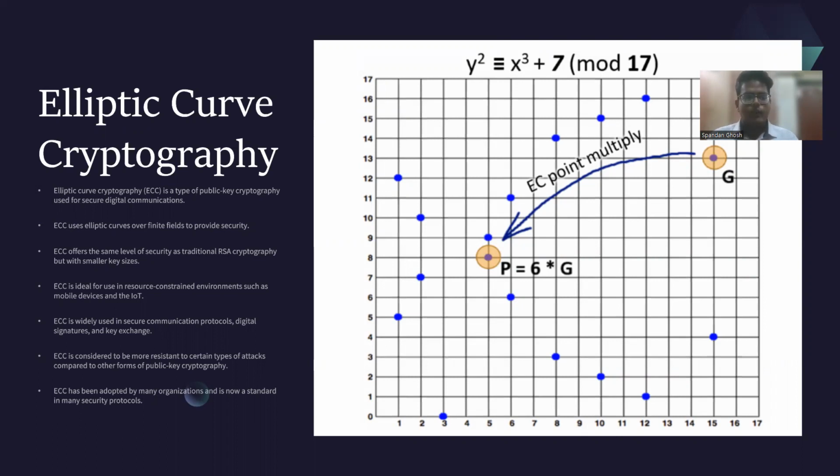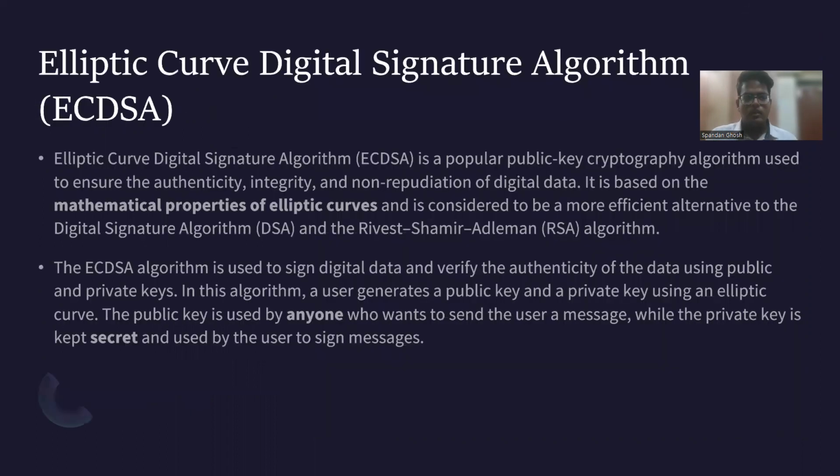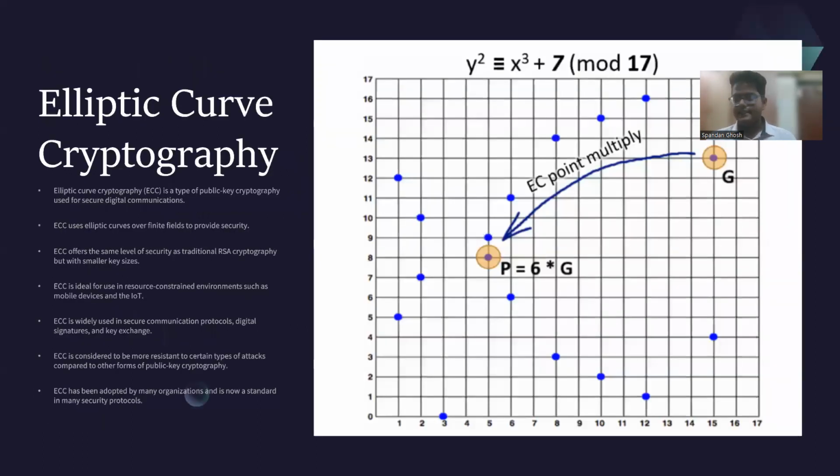ECC is widely used to secure communication protocols, digital signatures, and key exchange. ECC has also been adopted by many organizations and is now a standard in many security protocols. Before that, we will talk about ECC in detail.